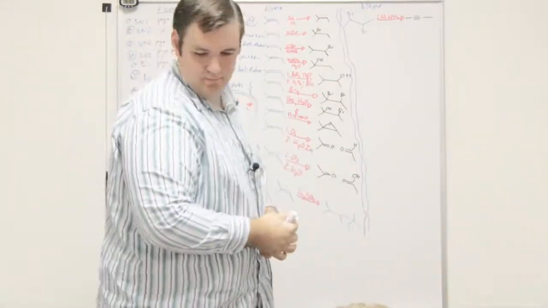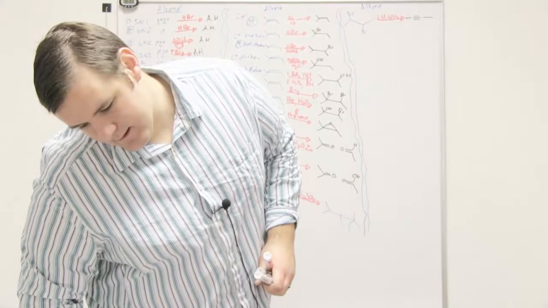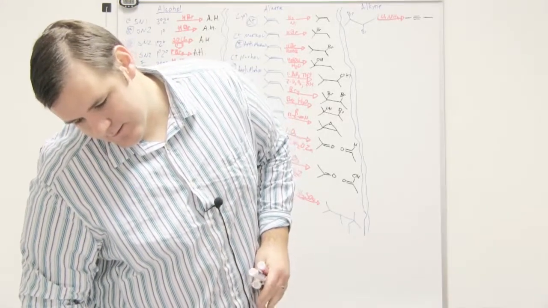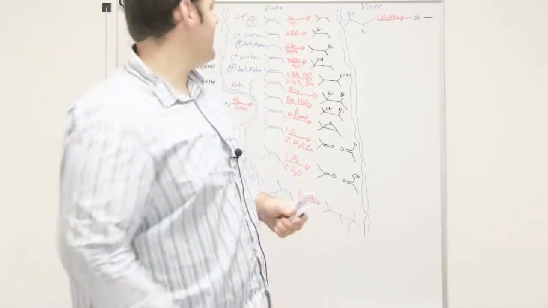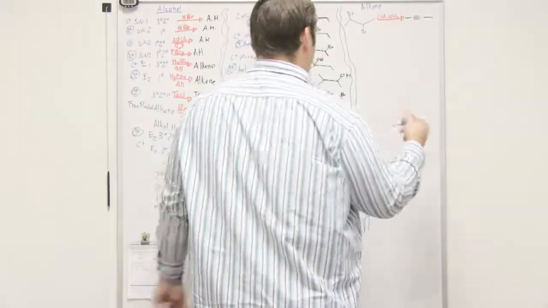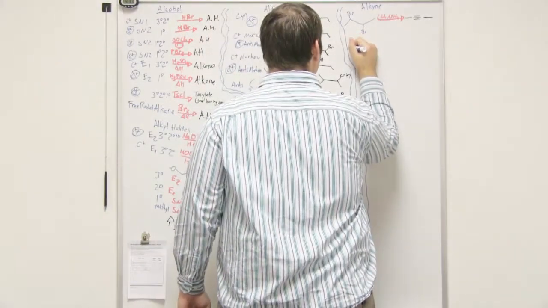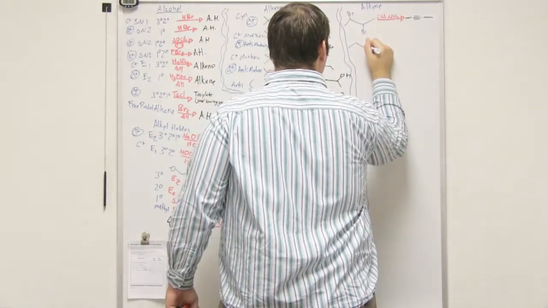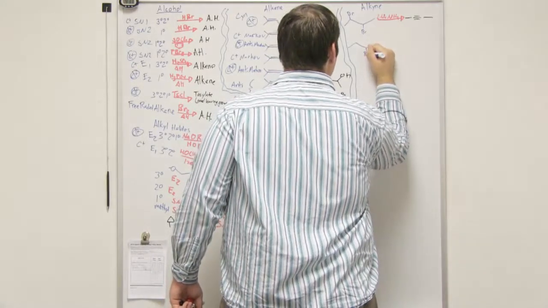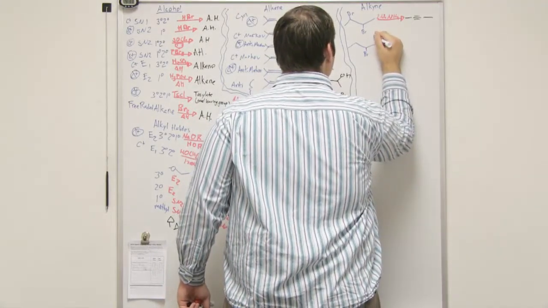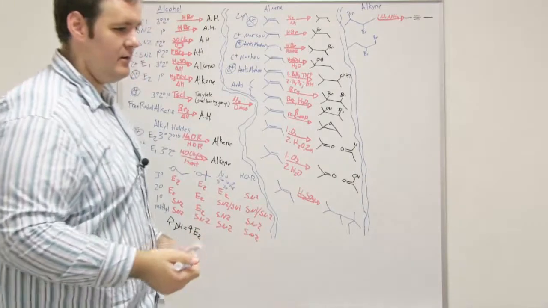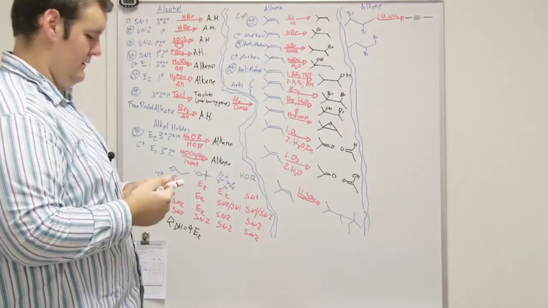Now, the thing is, when you need 3 moles, it's when your 2 bromides are on like the end. One of them's on the end carbon, so you have like a primary one.